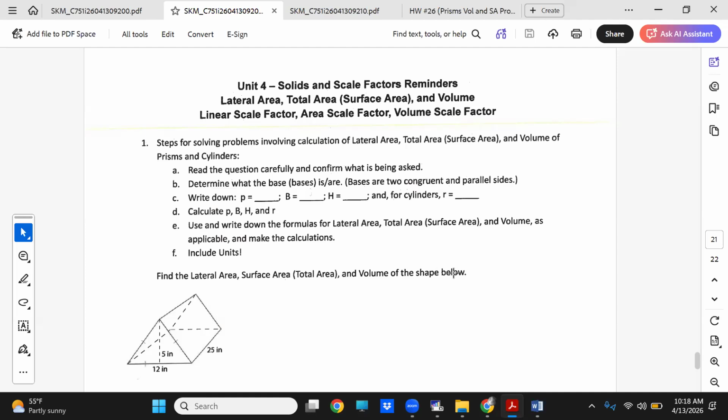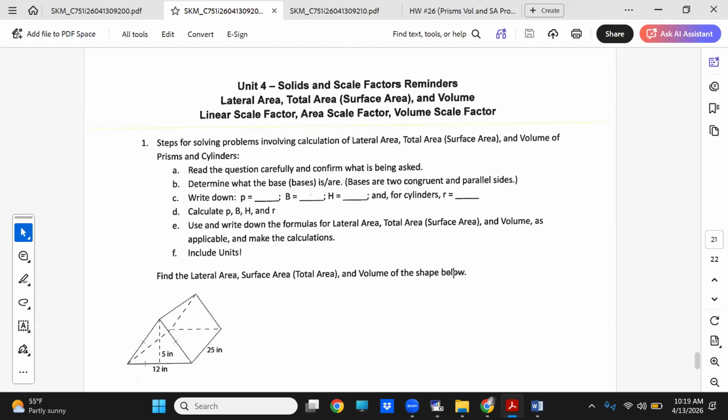Okay. So we're talking about strategy, how to approach these questions, right? So, steps for solving problems involving calculation of lateral area, total area, and volume. Read the question carefully, confirm what is being asked. That's just common sense, right? Determine what the base is, because that's going to play a role, right? We need that for lateral area. We need it for volume. We definitely need it for total area. And remember, the bases are two congruent parallel sides.